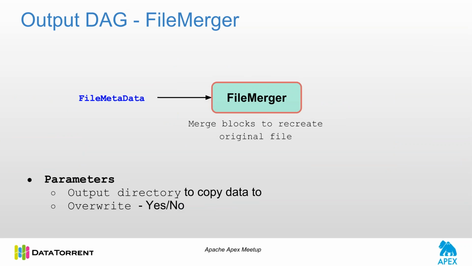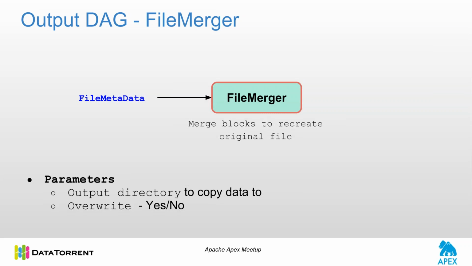On the output side, we have a pretty simple operator here. It takes the file metadata on the input stream. So when the synchronizer commits that, okay, all the data is with me, please go ahead and recreate this file, FileMerger will get that information, get these blocks one by one, read them and recreate the final file.